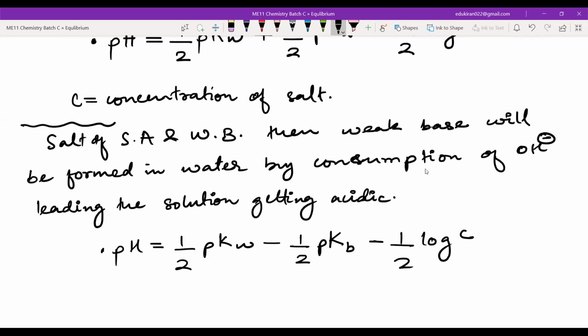I hope all of you remember that pKw is equal to 14, so we can also write this as half of 14, which is 7, minus half of pKb minus half of log C. This is going to be the pH.